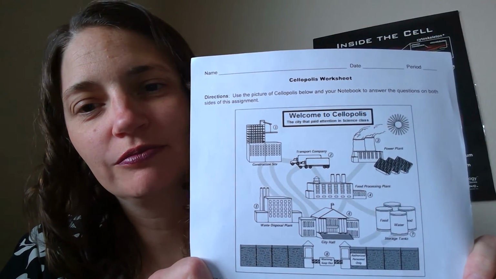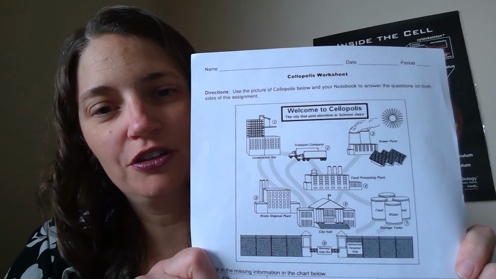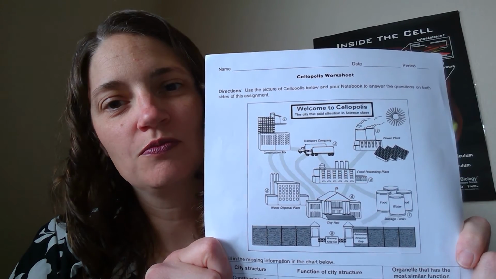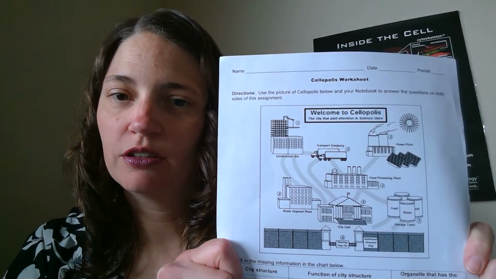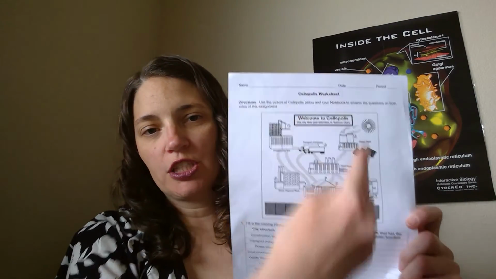Jaden, pick one. Good. Now what is the function of that? Okay, now what organelle would that be like? Now you're thinking, I like it. Okay, so now that we've gotten an idea about the picture, let's think about the organelles.